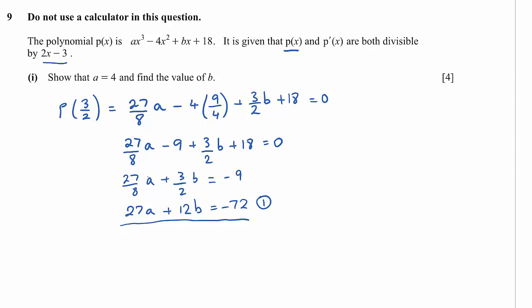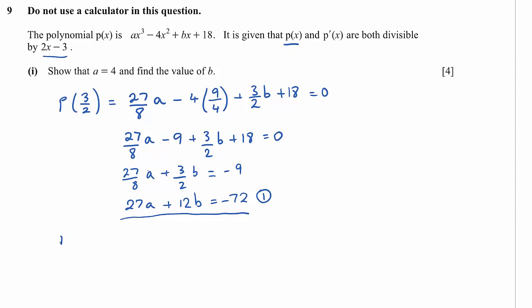So p dash, that means we need to differentiate. So p dashed of x is going to be 3ax squared, take away 8x plus b. And that's also divisible by 2x minus 3, so we want p dashed of 3 over 2.